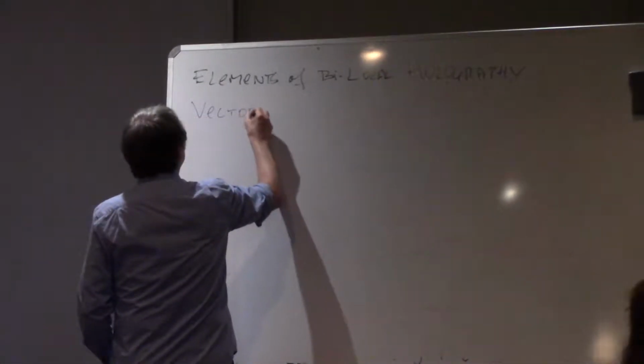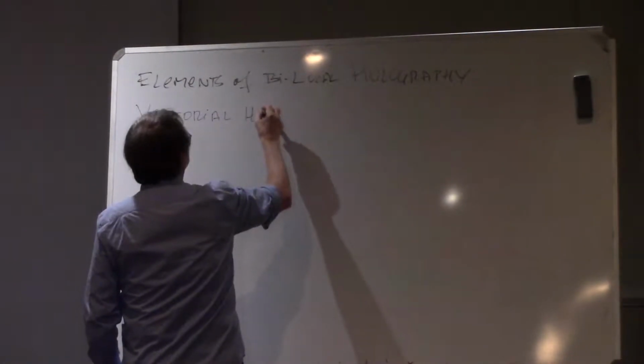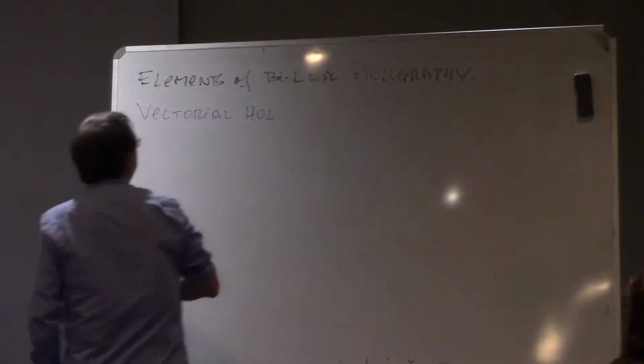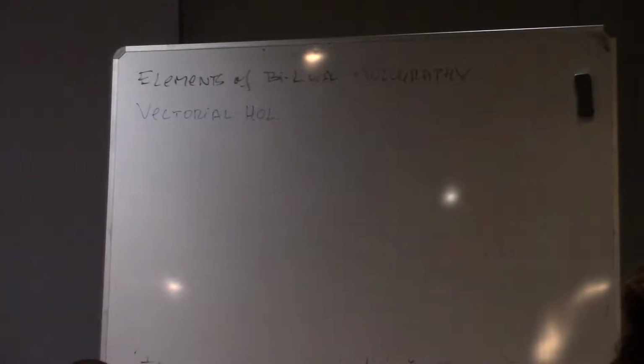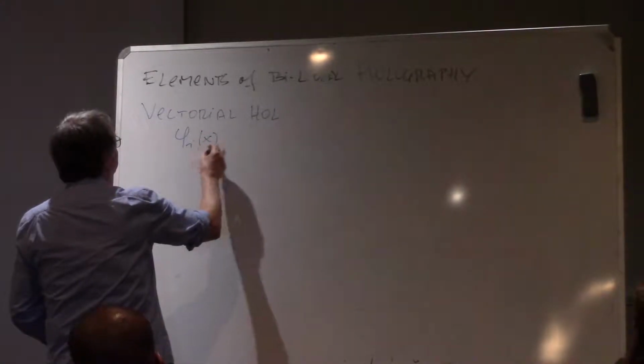So it's a vectorial holography, which is a term coined by Simone Giombi, because he's the one who, with him, gave a big contribution to that type of holography between vector models. And so vector models are simply objects which you know very well.